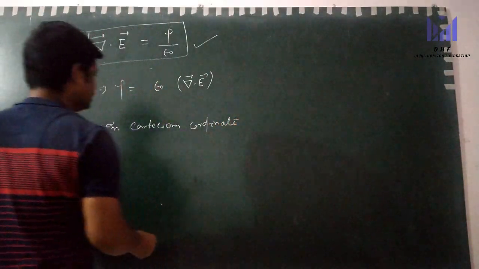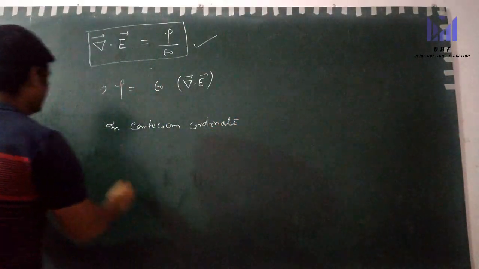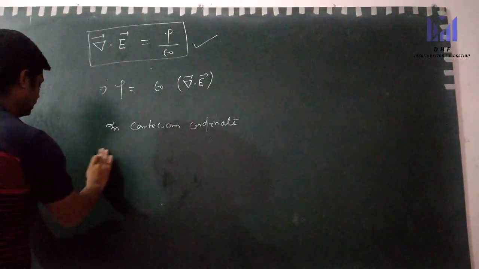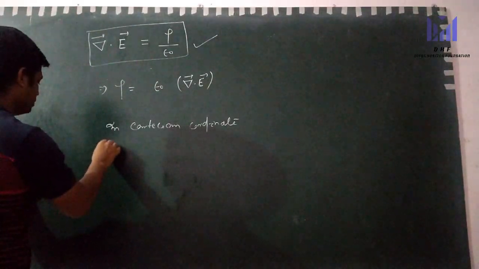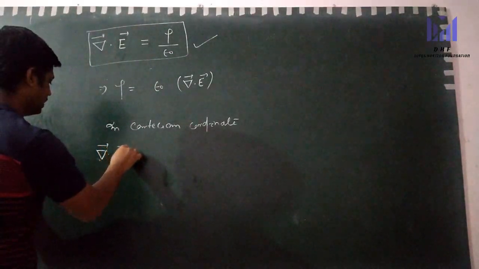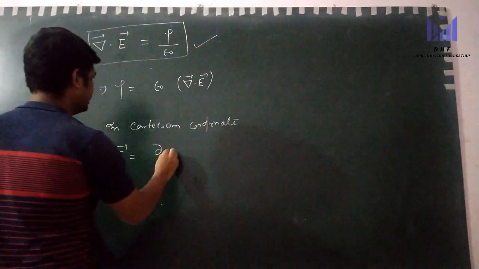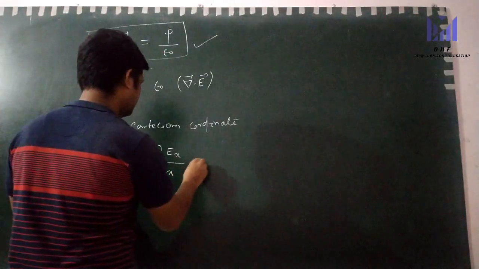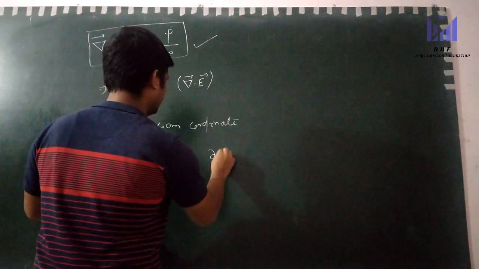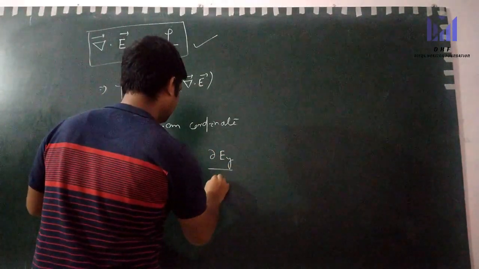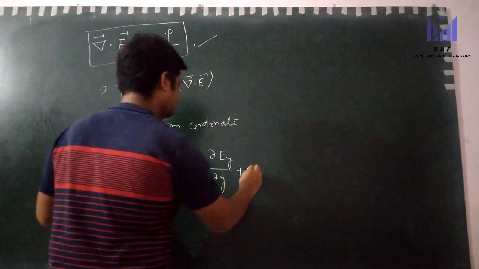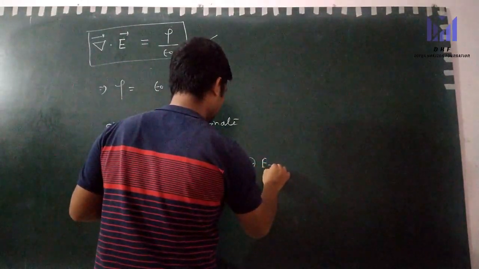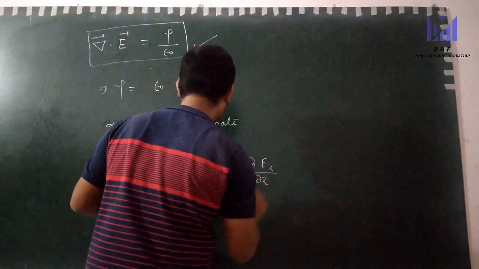In Cartesian coordinates, the divergence of the electric field is given by del Ex by del x plus del Ey by del y plus del Ez by del z.